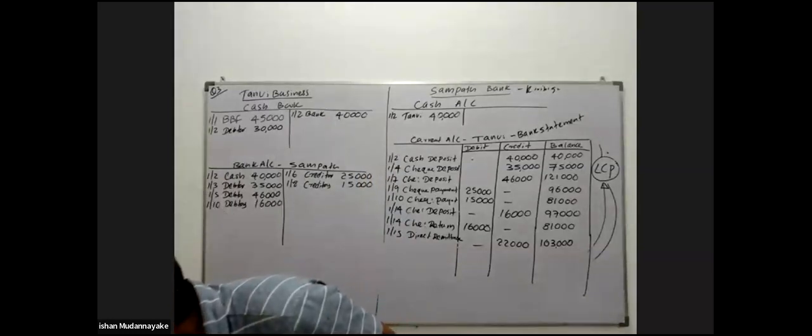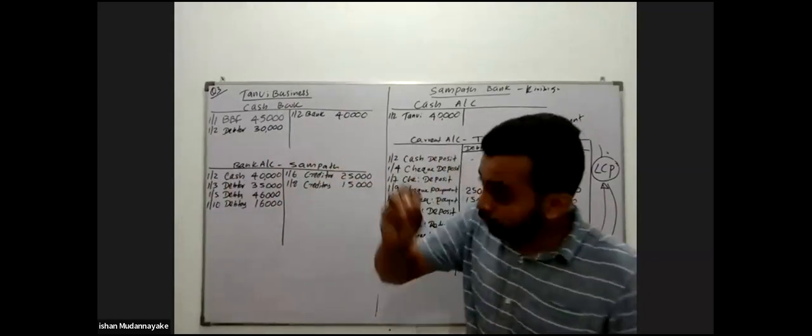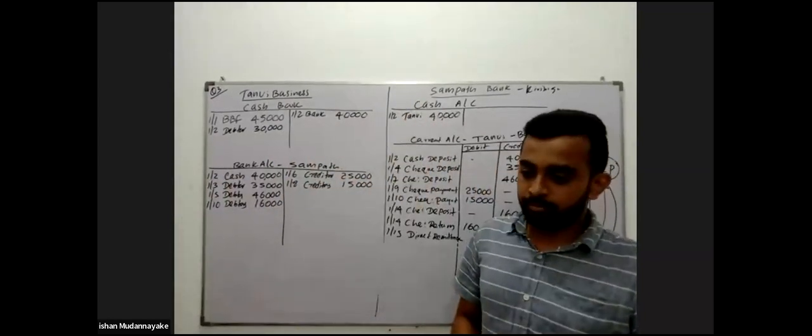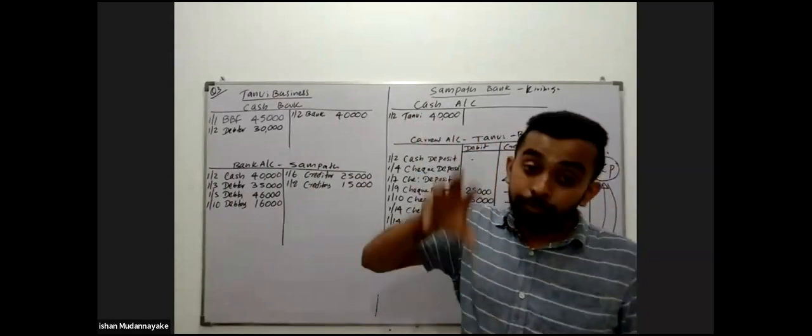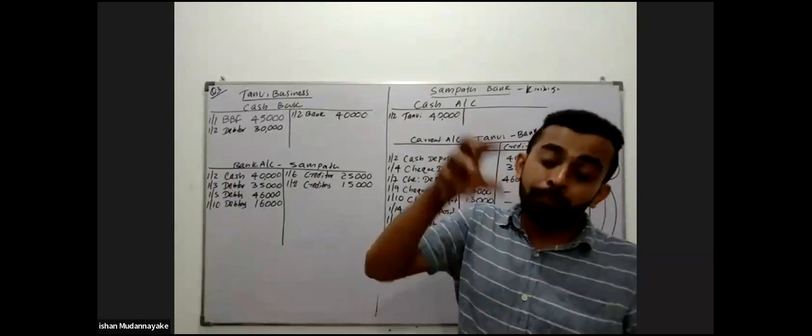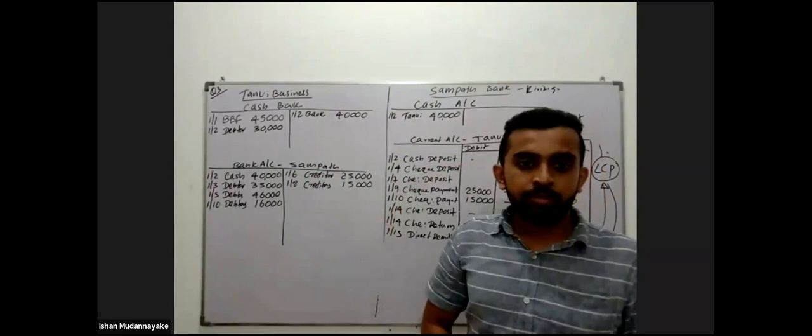If we record that in the bank account, is it wrong? Yes, this we can record in the adjusted bank account. Here we record under a special topic, bank reconciliation. In the bank reconciliation, we prepare the adjusted bank account and the bank reconciliation statement.